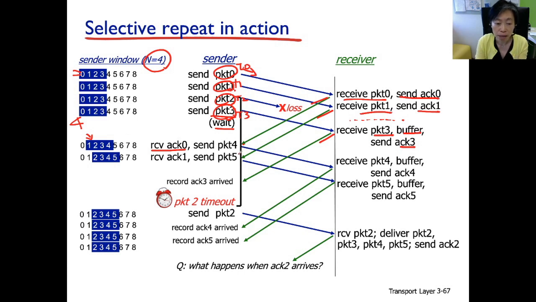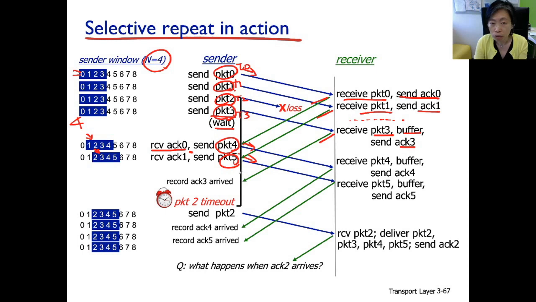Upon receiving ACK 1 also, advance by 1 because it's in sequence. And so base is changed to 1 and then to 2. So that allows us to send more packets, right? So 4 is generated, 5 is generated, and they're being sent out.